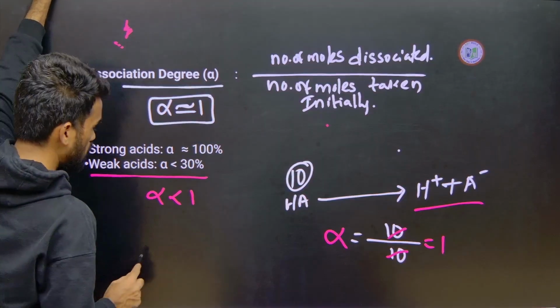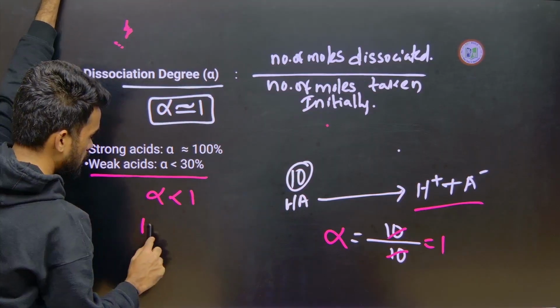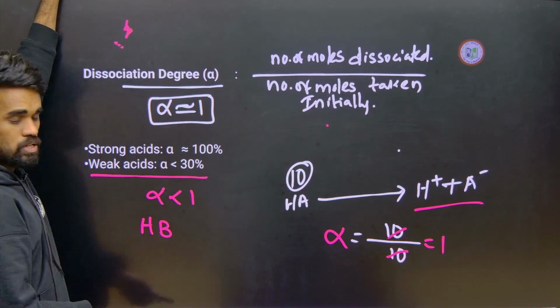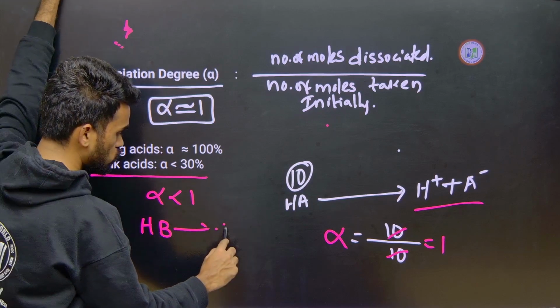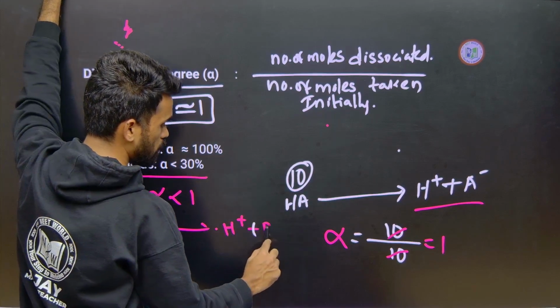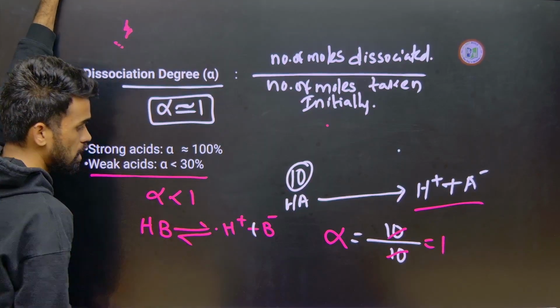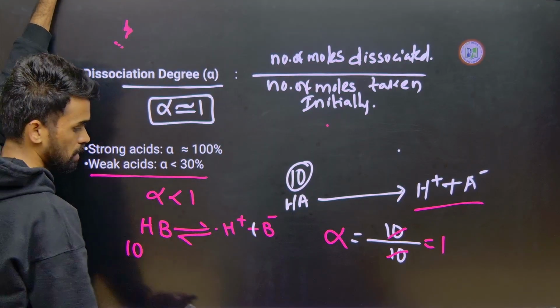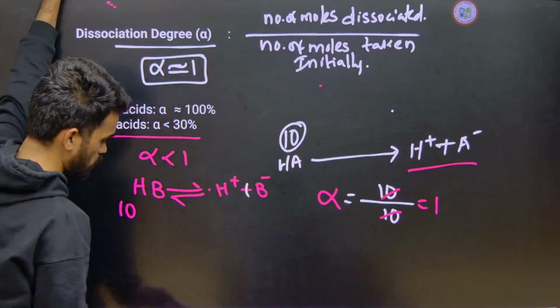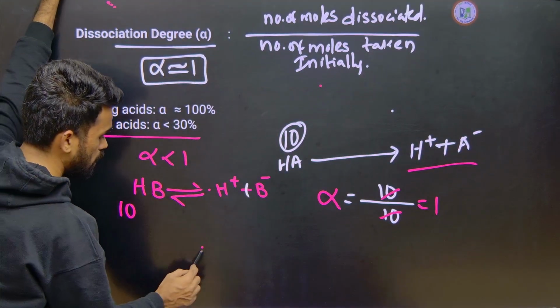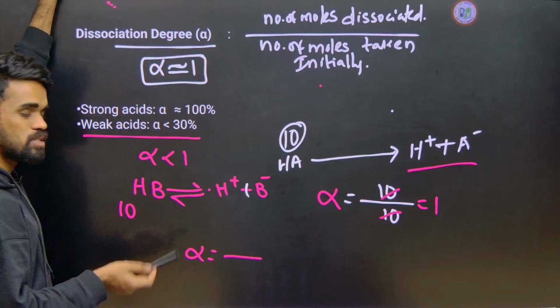Now let us say I have this HB acid, which undergoes dissociation to form H plus and B minus in the aqueous medium. I have taken 10 moles initially, and only 3 moles participated in the dissociation.